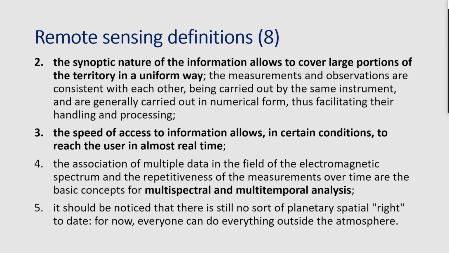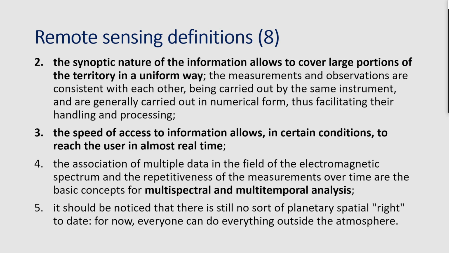The speed of access to information allows, in certain conditions, to reach the user in almost real time. 4. The association of multiple data in the field of the electromagnetic spectrum and the repetitiveness of the measurements over time are the basic concepts for multispectral and multitemporal analysis.